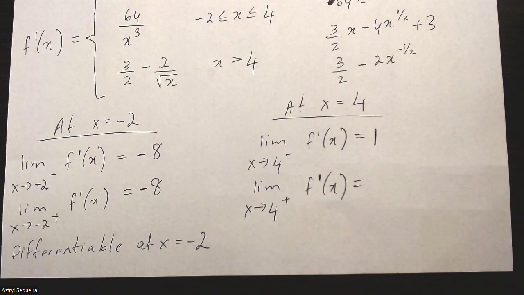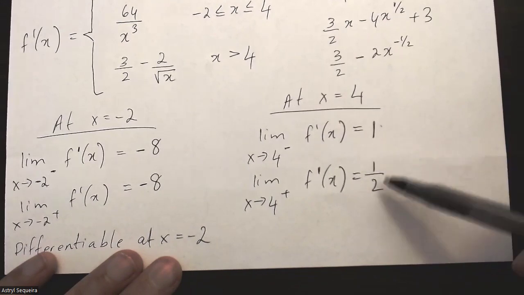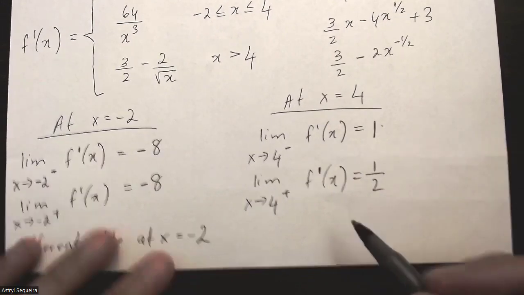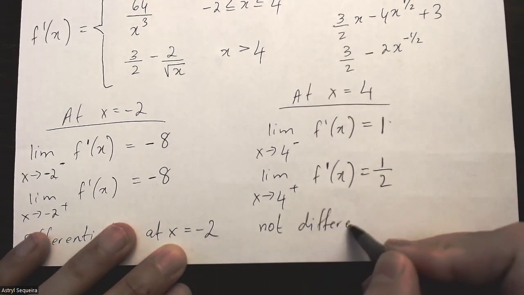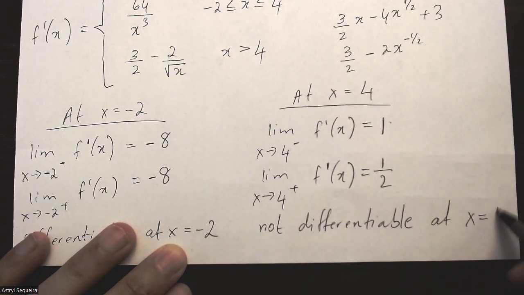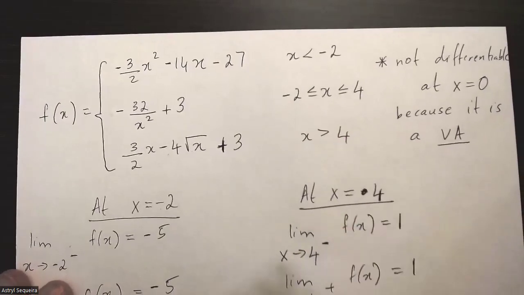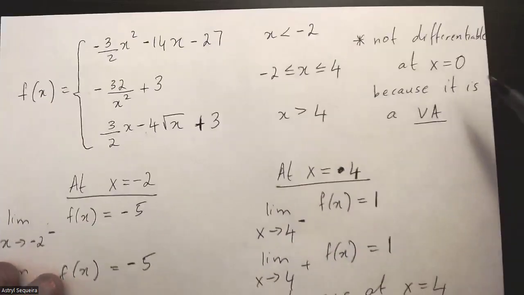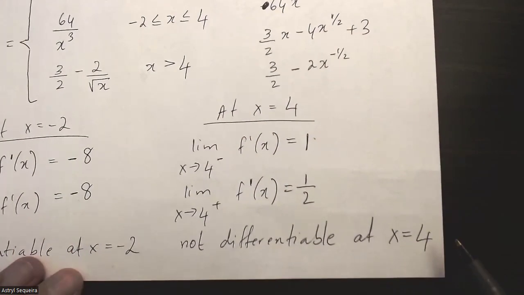So 3 over 2 minus 2 over root 4 is just 1 over 2. So the slopes are not the same at x equals 4, which means that the function is not differentiable at x equals 4. So this means that this piecewise function is differentiable everywhere except for x equals 0 and x equals 4.